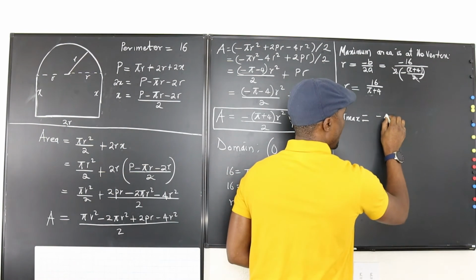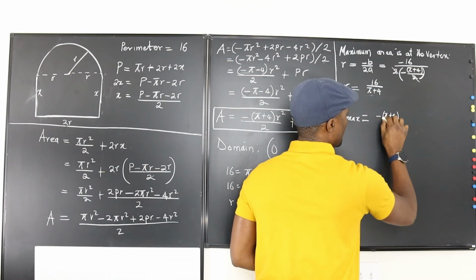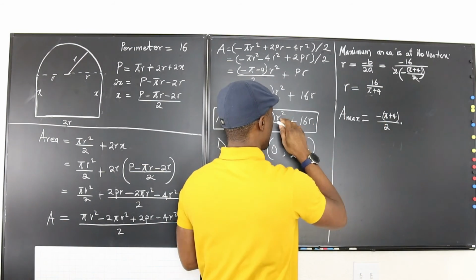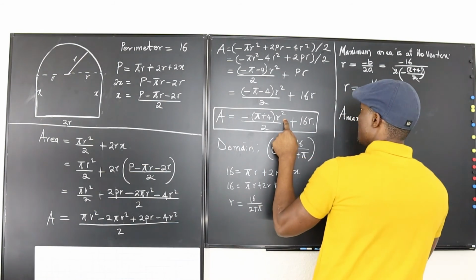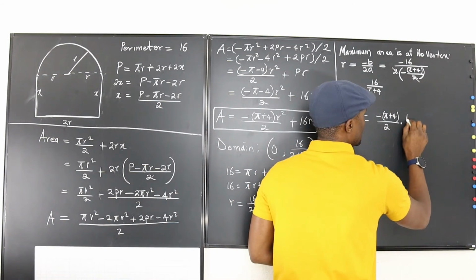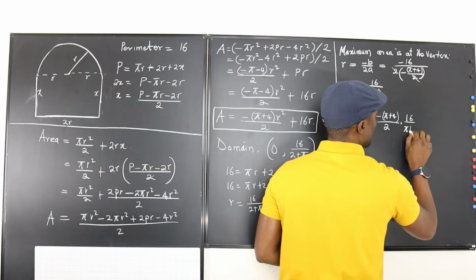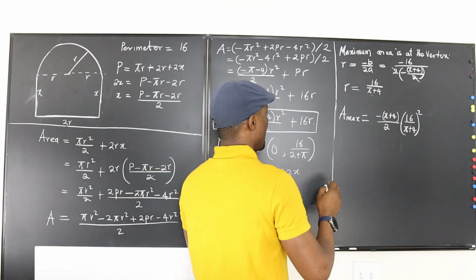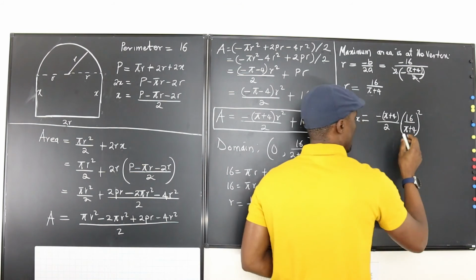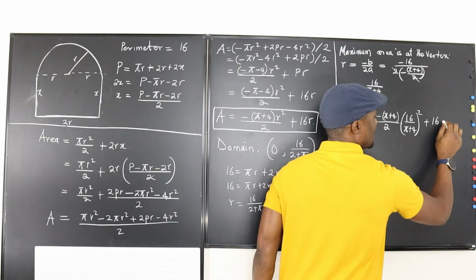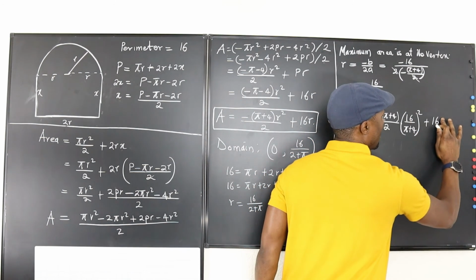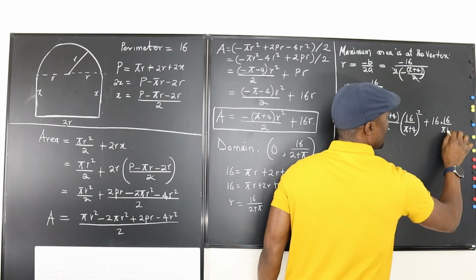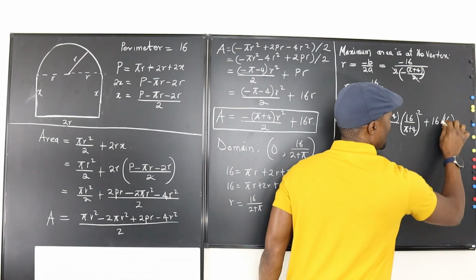That's negative (pi plus 4) over 2 multiplied by r squared, and r squared is this squared, 16 over pi plus 4 squared, plus 16r. Well, r again is 16 over pi plus 4.